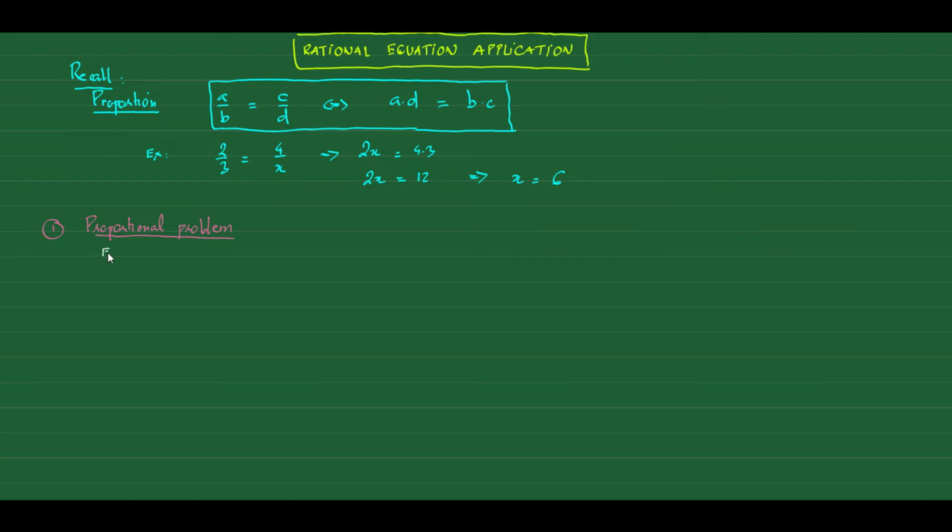Okay, for example, I have something like this. In the US, 2 out of 5 homes built in 1990 are heated with natural gas.